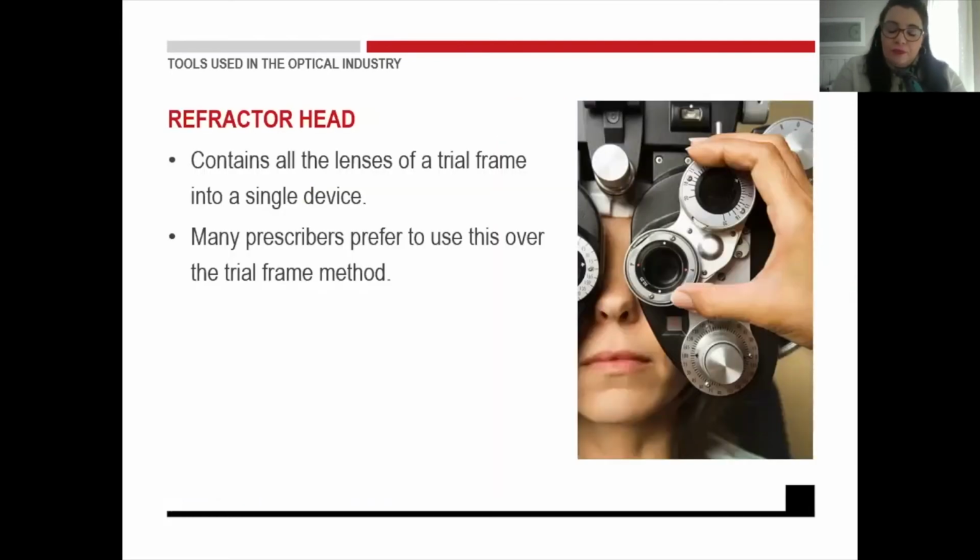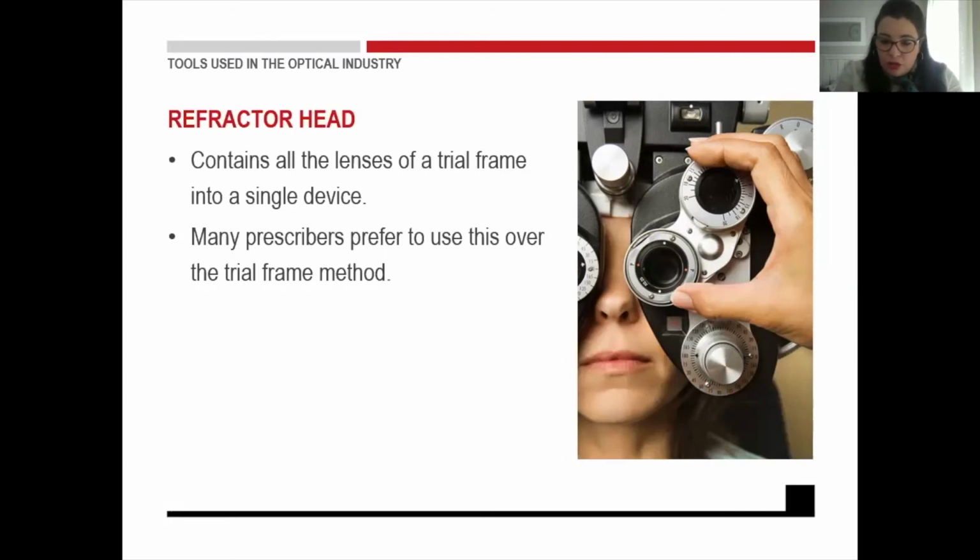Now, a lot of years ago, we only had a trial frame and trial lenses to use. And then the optometrist became a bit lazy, so we invented a refractor head, or a phoropter head, as we call it in South Africa. So this is nothing else except a thing that we put in front of the patient's face.